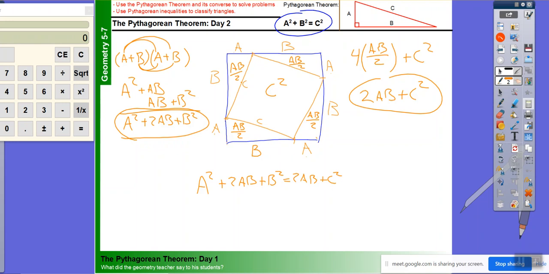Because we have 2AB on both sides, they cancel out, which means A squared plus B squared must equal C squared.